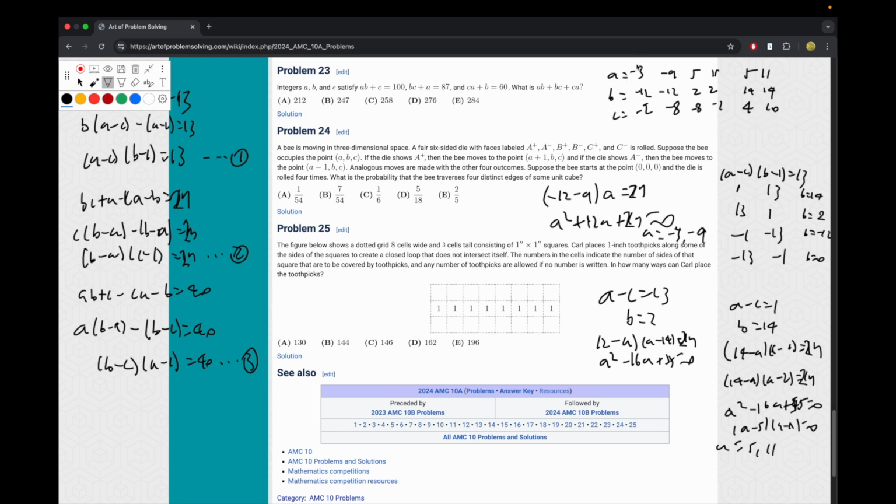Now, obviously, wait, let's check this. We need to try substituting. We have 6 cases, and we need to look out for some extraneous solution that we get. 36 minus 2 is definitely not 100.